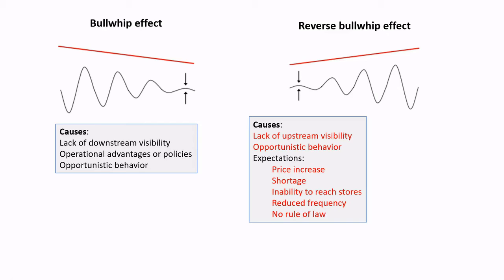Also, the expectation of shortage: if you are a customer and you think your supply is not going to be able to fulfill your needs in the short or medium term, you will try to secure a lot of stock right now and purchase a lot. Then the inability to reach stores. Maybe you trust your supply chains about the availability of products, but if you are in a lockdown, for example, and you think you won't be able to reach the stores, for many reasons.